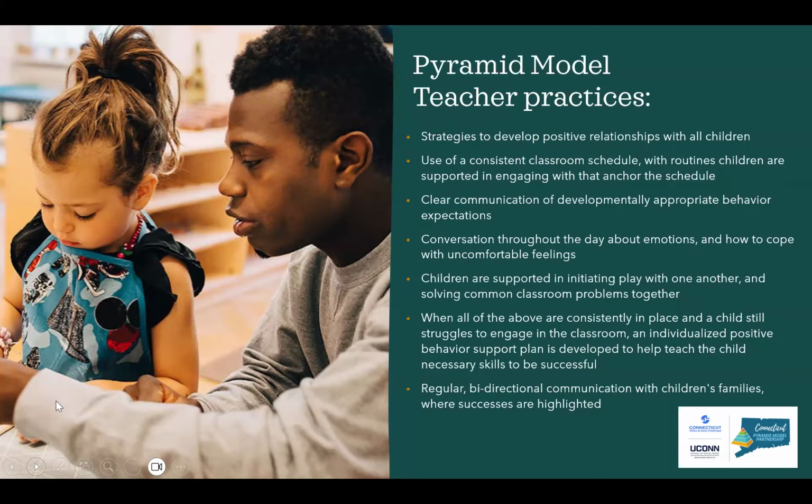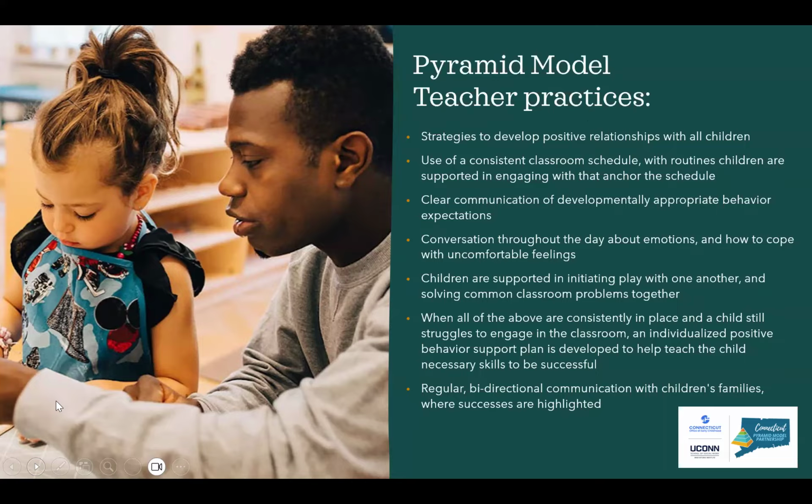A couple of the other things that you see from teachers who've been trained in Pyramid are that they support initiating play among kids. They're armed with strategies around supporting the development and scaffolding of peer negotiation, peer skills, understanding that if I knock over a friend's book tower, they're going to be upset, and what must that feel like for them, right?